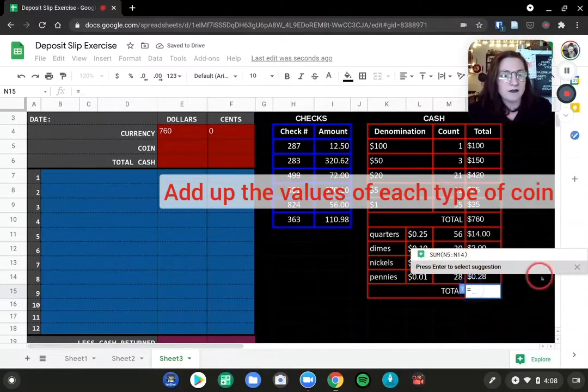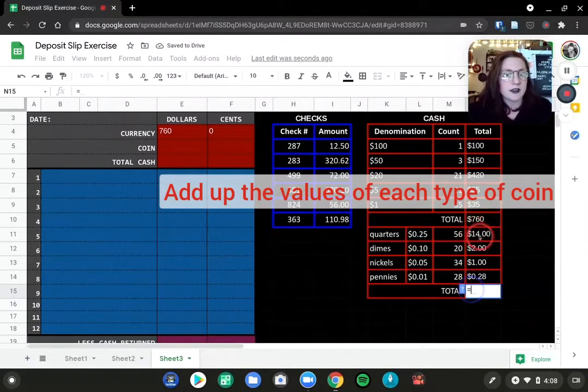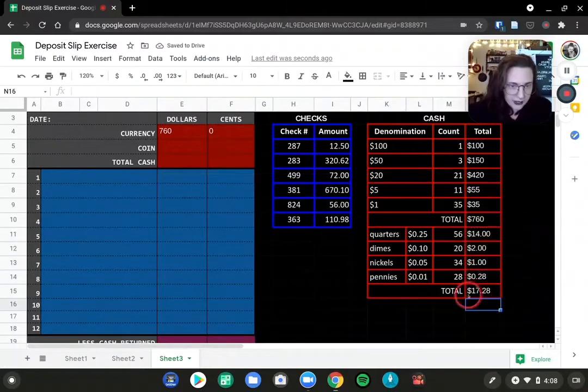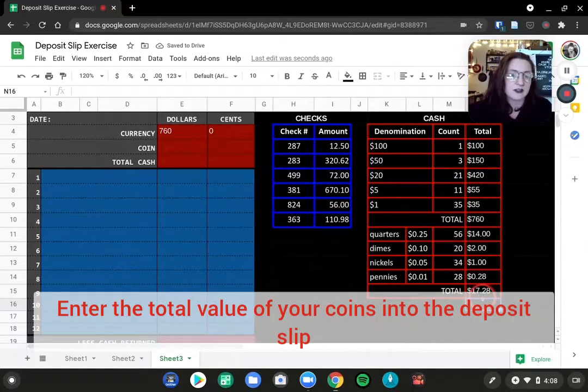So now that I have the value of each type of coin, I'm going to add all those up. And we get $17.28. So then we come over here to our coins line, and we write 17 in the dollar section, and then 28 in the cents section.